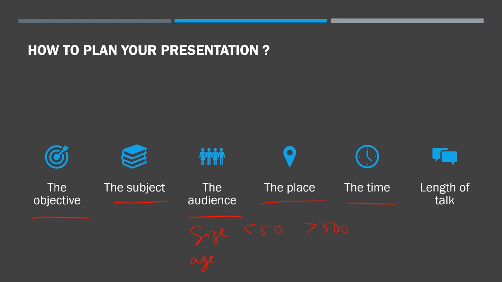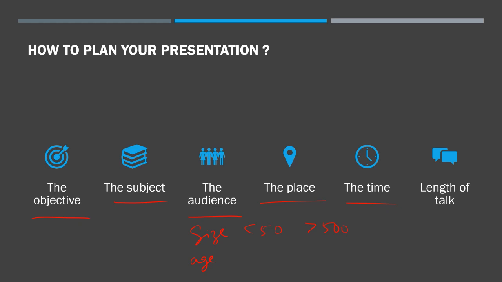If it is a decision making presentation, it does not matter whether it is morning, afternoon, or evening. Say for example, a theory topic is taken and it is scheduled in the afternoon, immediately after the lunch. Definitely, if the topic is not interesting, people will doze off. So that is the consideration that you have to make while you are planning for the presentation.